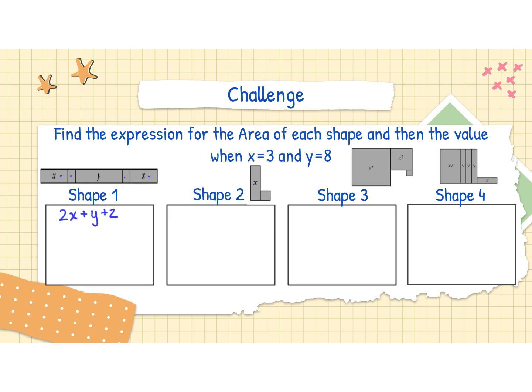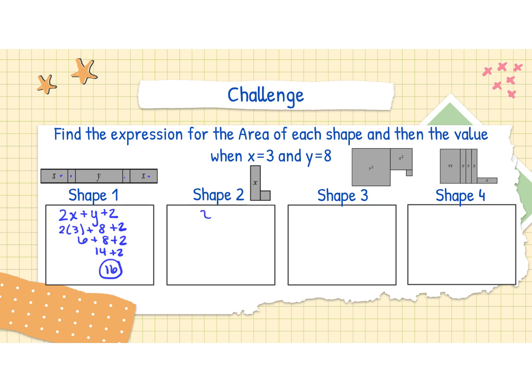So that is the expression for the area of the shape. So if we take that and substitute, 2 times 3 plus 8 plus 2, 6 plus 8 plus 2, 14 plus 2, the area is 16 for this shape 1. Let's take a look at the second one.